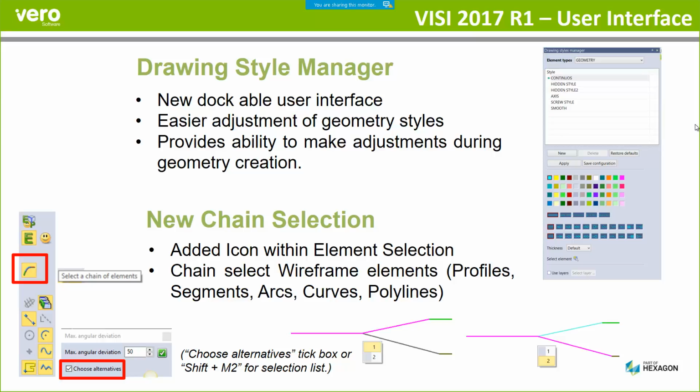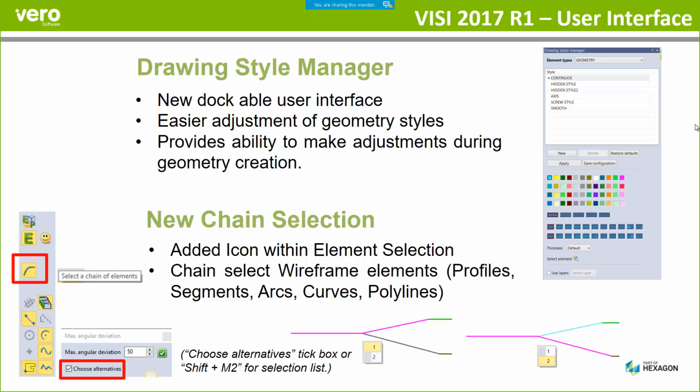So starting with the interface, the drawing style manager. Again, this is a function that's been available for a long time, but there's now a new dockable interface. It's a lot easier to use, to be honest, than it was before, and it's a lot easier to adjust geometry on the fly as you're creating things.